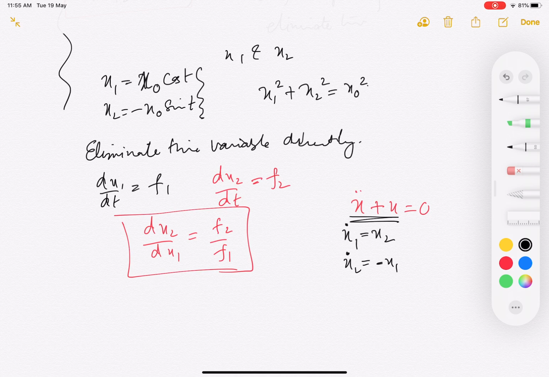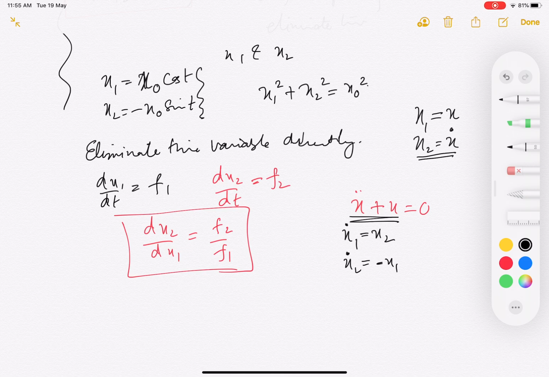So when you put the first variable as x1 is equal to x, you get x1 dot is equal to x dot, right? So sorry, your first variable is x1 equal to x, and the second variable x2 is x dot, right?